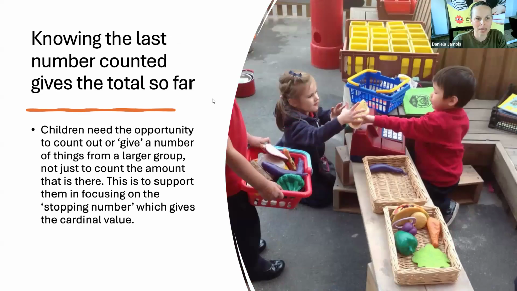Knowing the last number counted gives you the total so far is language that we need to use with the children, really important. In a role play situation such as the shop, you can give children opportunities to count out the amount of aubergines they're selling to the customer.